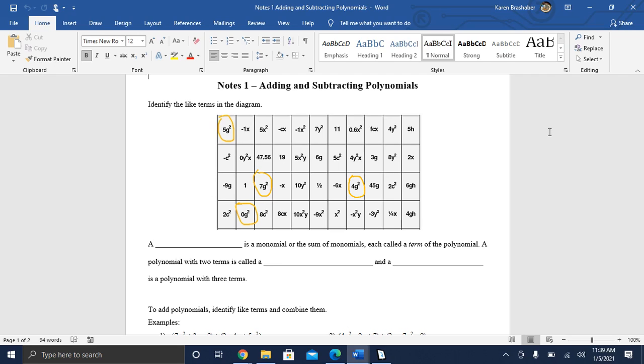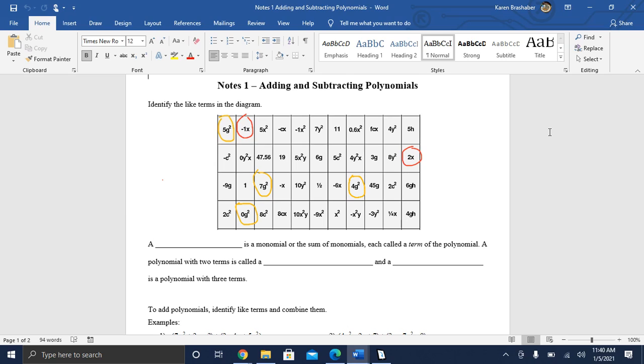I'll change colors, and we'll look for any terms that just have an x. So this negative 1x would be a like term with anything else that would just have an x. I don't see anything in the top row. In that second row, I see the 2x as a like term.